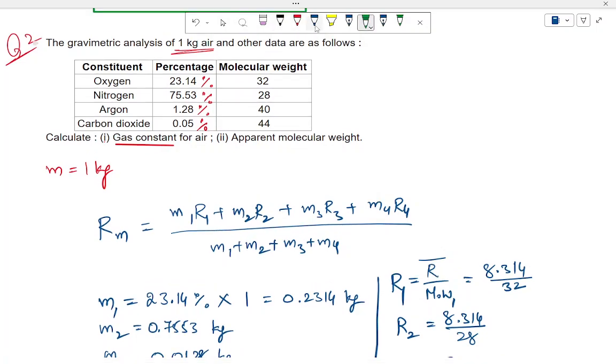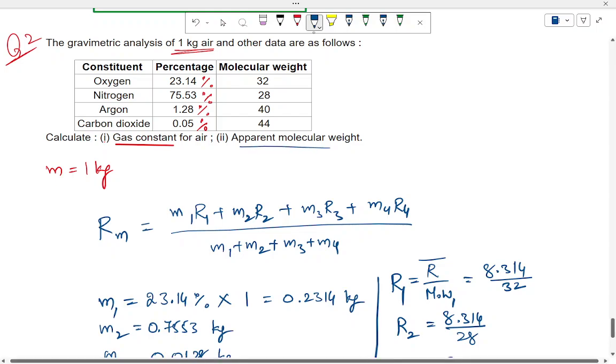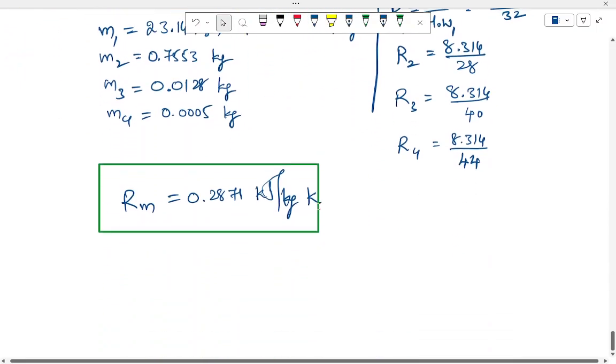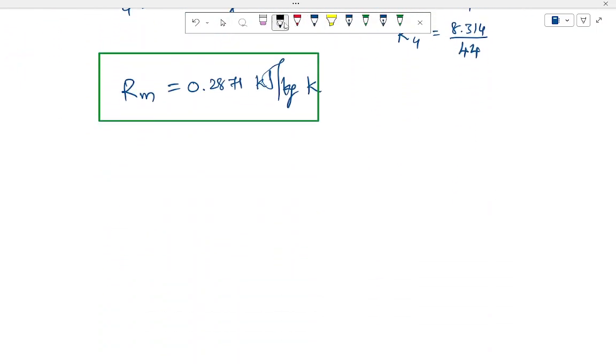And he's also asking you to find out what is the apparent molecular weight. Apparent molecular weight means the molecular weight of the mixture. If you have to find that, it will be R bar by Rm, that is the Rm that you have found out. The R bar value is very well known. It is the universal gas constant 8.314 by the Rm value 0.2871.